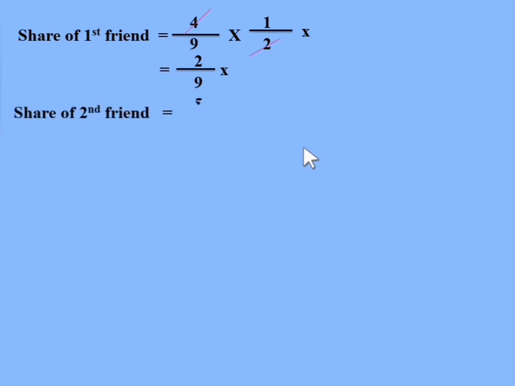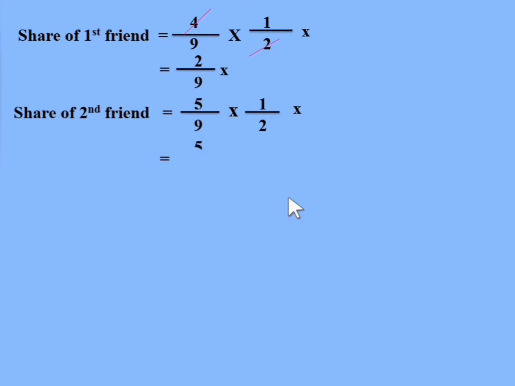Share of the second friend is 5 by 9. Ratio of the second friend is 5, sum of ratio is 9 and the remaining profit is 1 by 2x. Multiply by 1 by 2x.